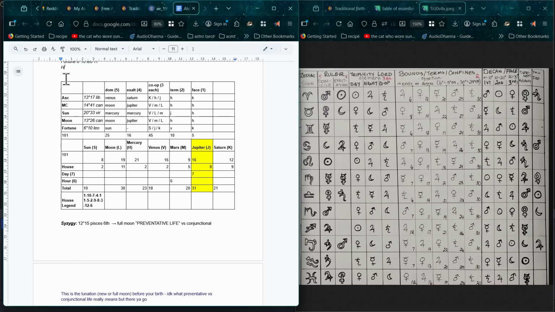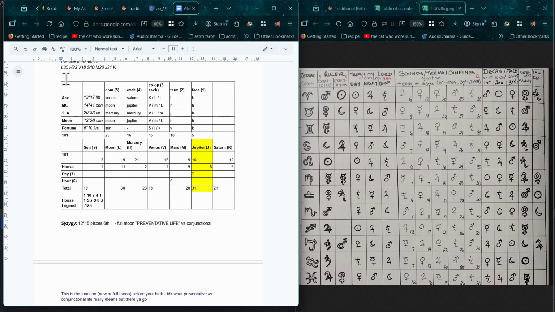Hermes has 23. Well, let's go in order. Luna has 30. Hermes has 23. Venus has 18. Sun has 10. Mars has 20. Jupiter has 31.